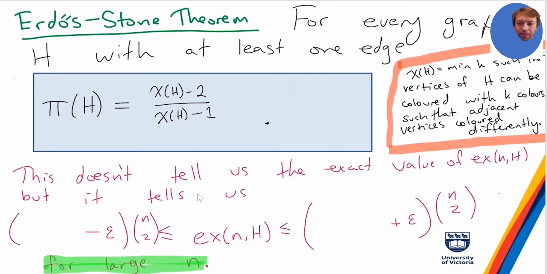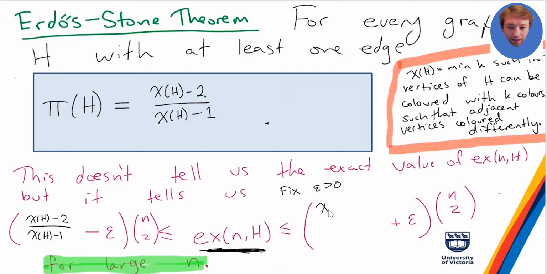But what it does tell you is that if I take ex(n, H) for n really large, and I fix epsilon greater than 0, let's say epsilon is 1 over 1,000, then if n is very big with respect to epsilon, the extremal number is between (chromatic number minus 2) over (chromatic number minus 1) minus epsilon, and the same thing plus epsilon. That's what this really implies.